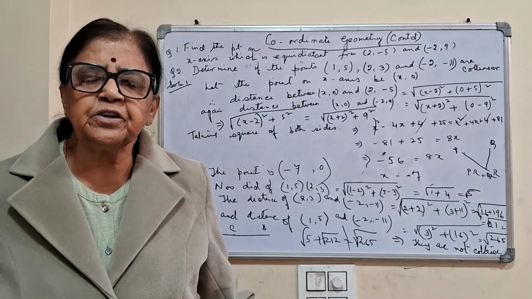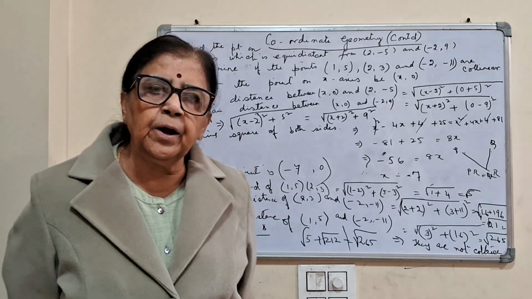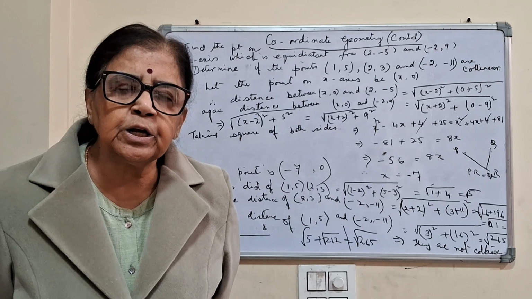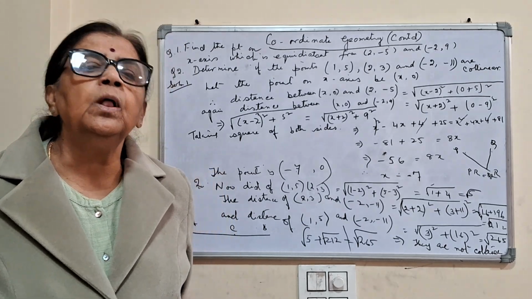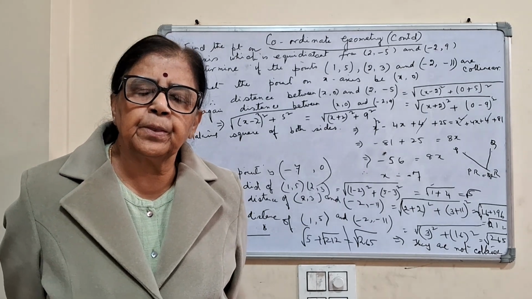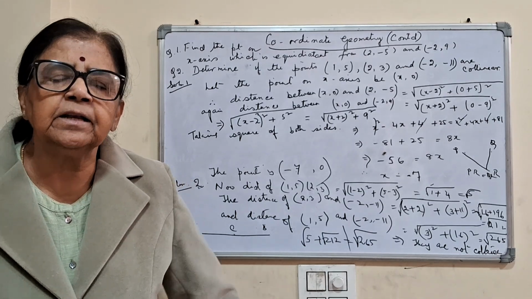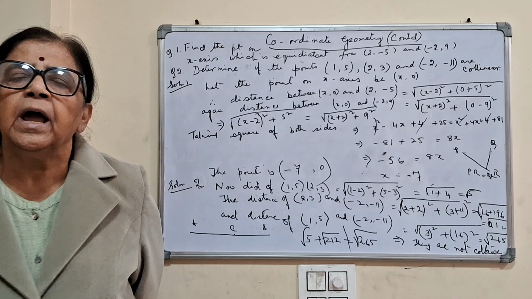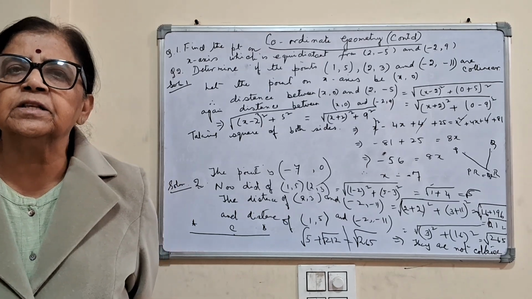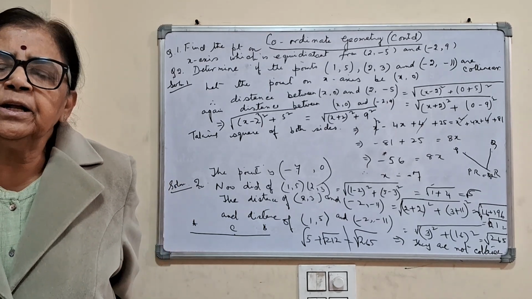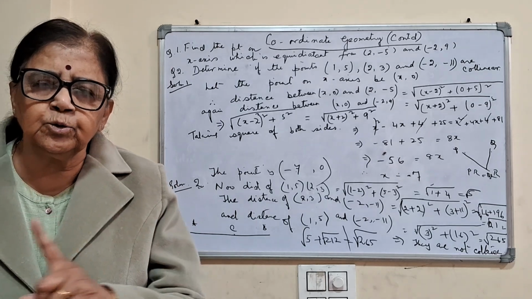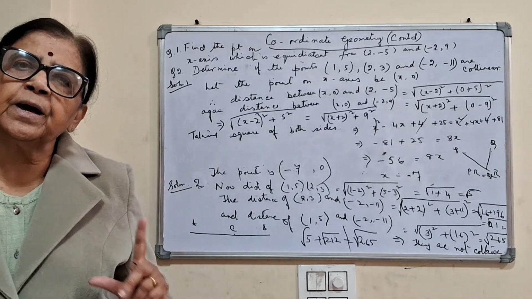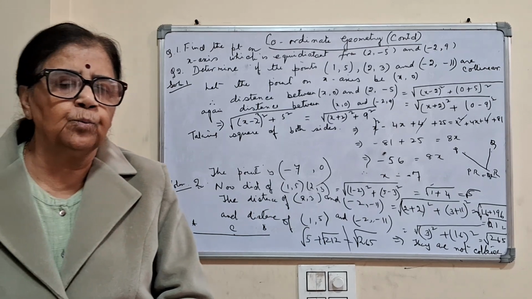That is the section formula. If a point divides a line segment in the ratio m1 is to m2, and the two endpoints of the line are (x1, y1) and (x2, y2), what is the section formula? x equals (m1 into x2 plus m2 into x1) divided by (m1 plus m2).